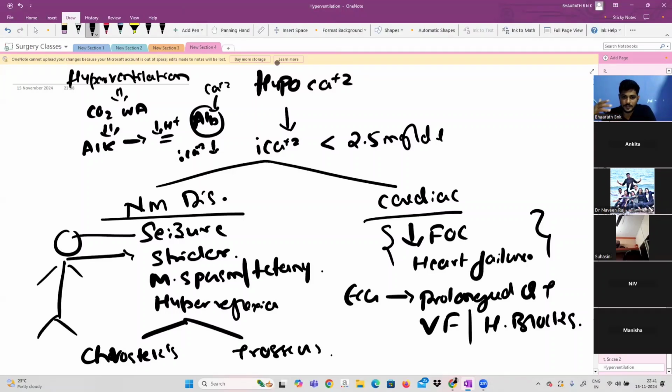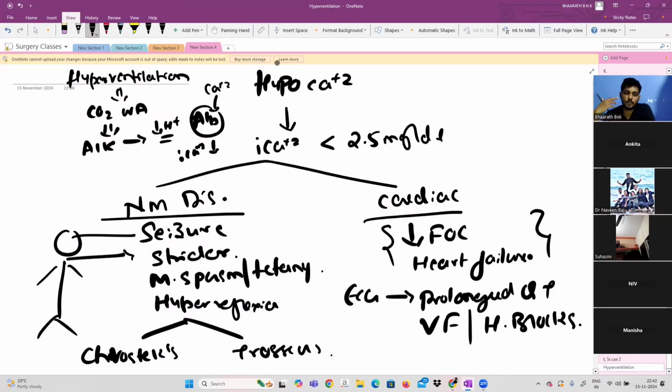You can see there is carpopedal spasm. Carpopedal spasm is actually where the wrist is in flexion, the thumb is in flexion, and the metacarpophalangeal joints are also in flexion. Only the interphalangeal joints are in extension. So that is a classical carpopedal spasm.